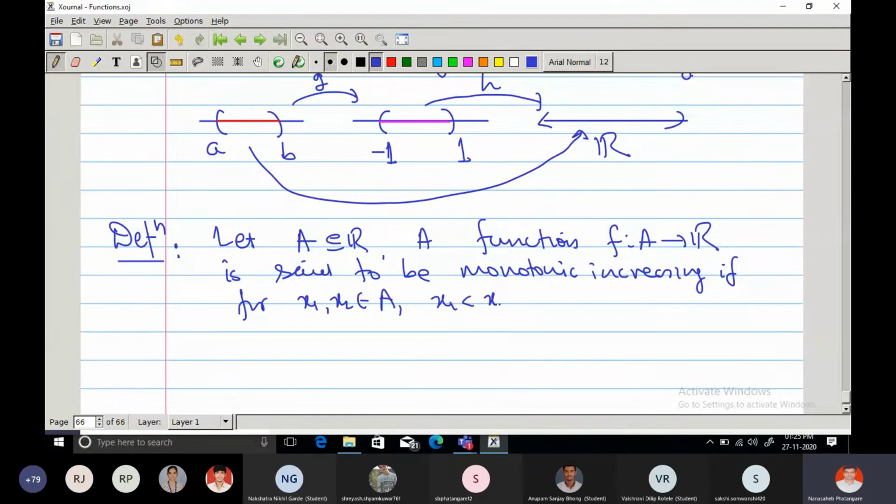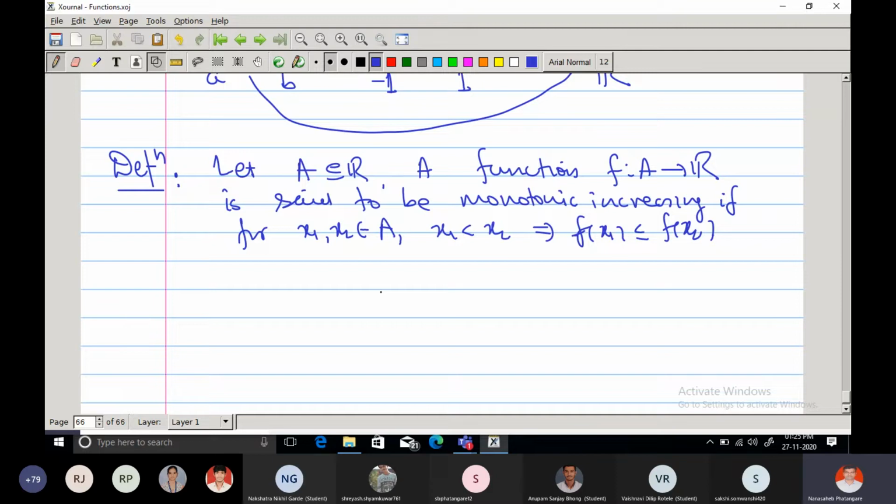So a function being monotonically increasing means what? See this figure: if this is my function, this is a graph of the function. Now if I select some x1 and some x2, x1 is less than x2. Is it true?